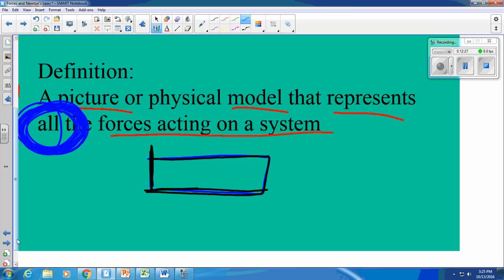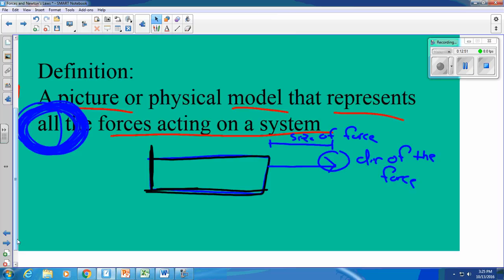They can be drawn as a pull. It has the arrow: the length of the arrow tells you the size of the force, and the directional piece tells you the direction of the force.